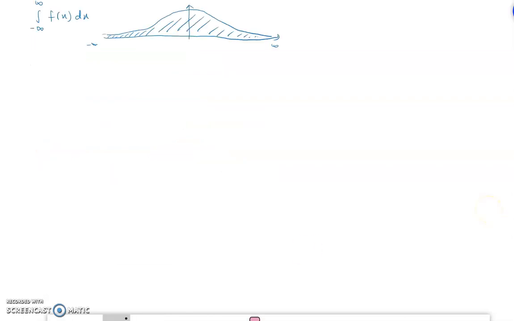To understand how to evaluate improper integrals, let's say we have the function y equals 1 over x squared. Here we draw the graph, with the y-axis and the x-axis.